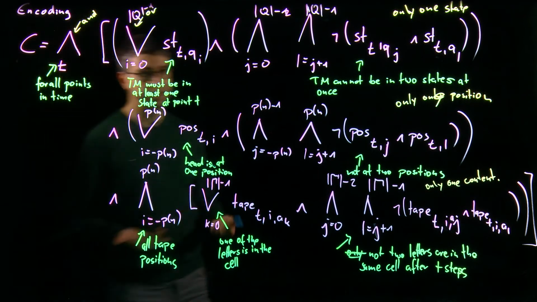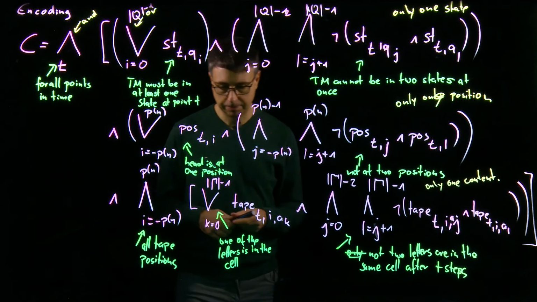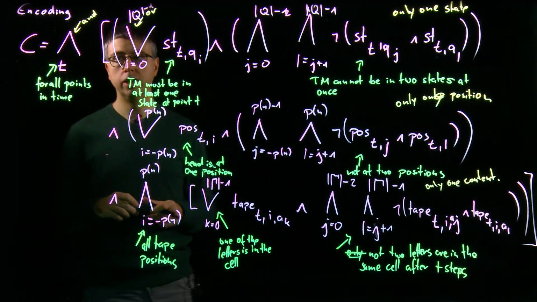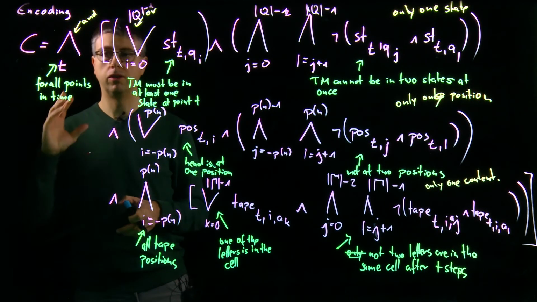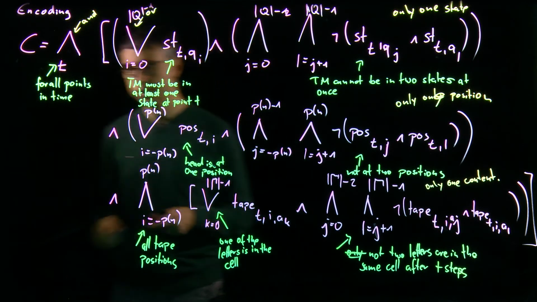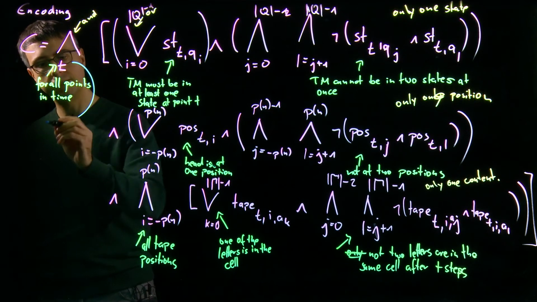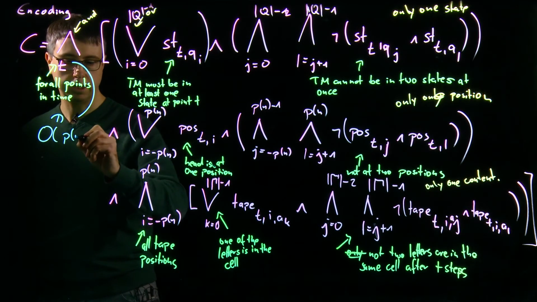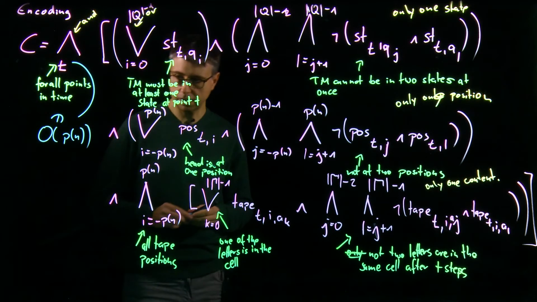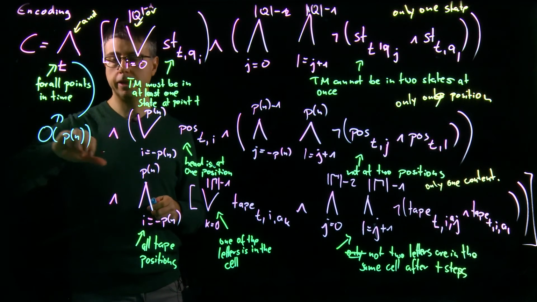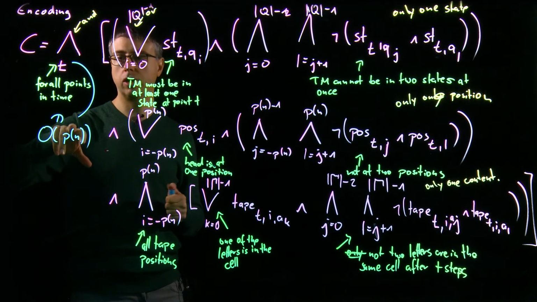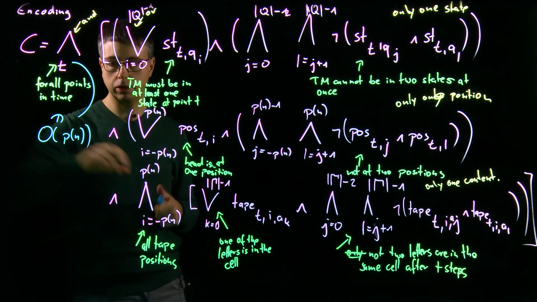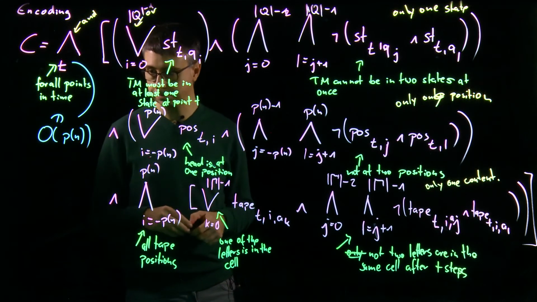One important part to consider at this point is how big this formula actually is. Here we have a conjunction for all the points in time. The points in time go from 0 to p of n, so this has an upper bound, it's in the class O of p of n. This is the big O notation, meaning up to a constant factor, a multiple of p of n.